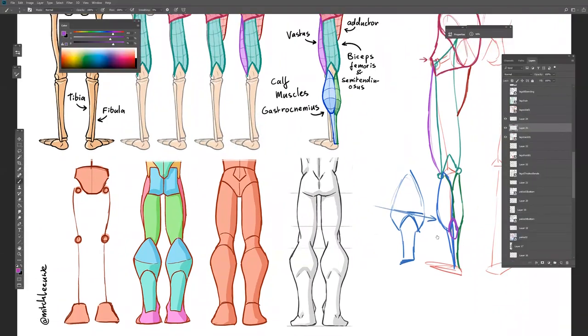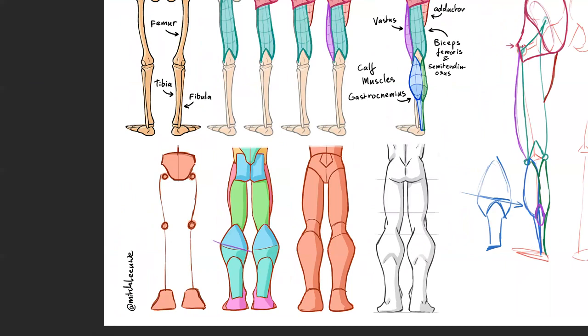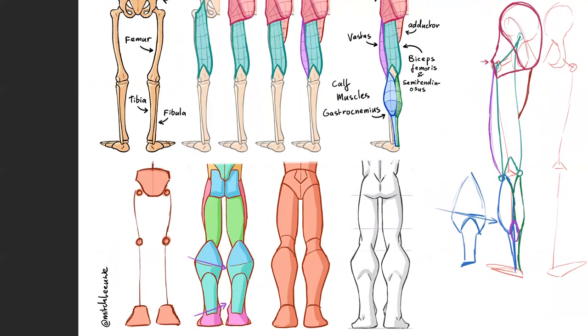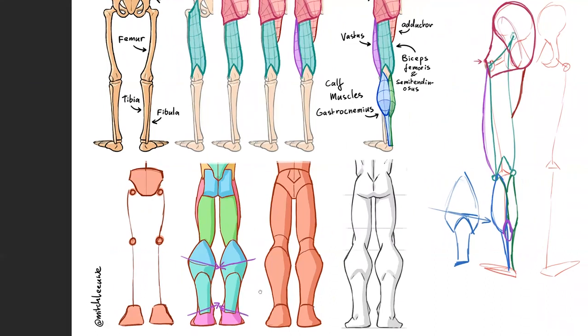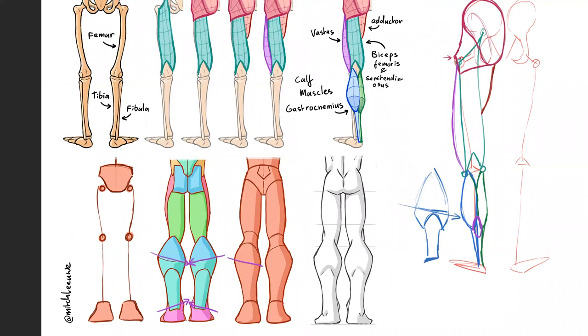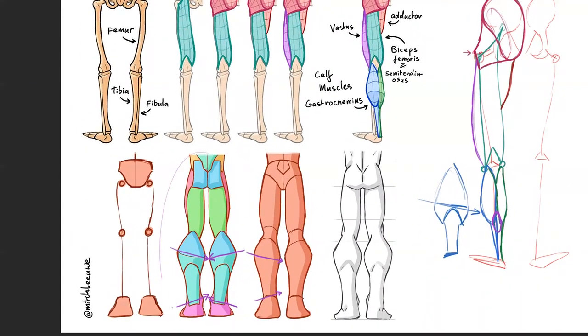So here and here. Again, you can see those here and here. So this is how I would draw it in a more stylistic way, and how I often draw it.